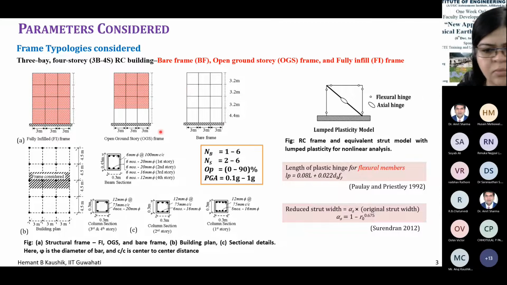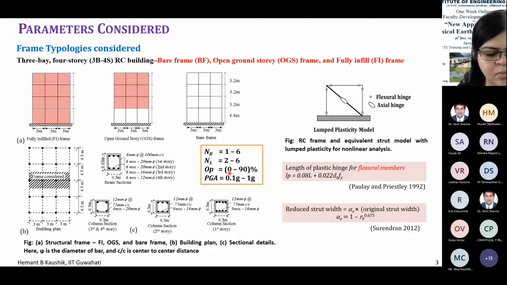And in each of these frames, this is a basic frame, right? Here I'm changing the number of bays from 1 to 6. I'm changing the number of stories from 2 to 6. I'm considering the opening in the wall from 0% to 90%.